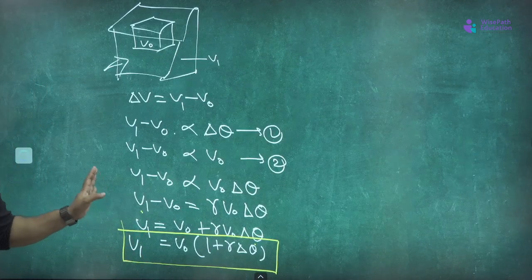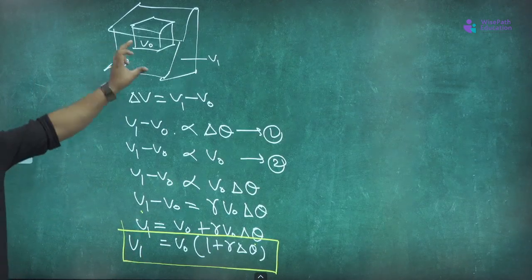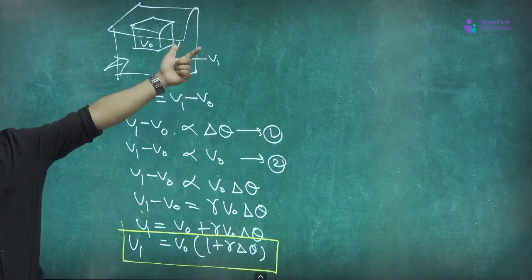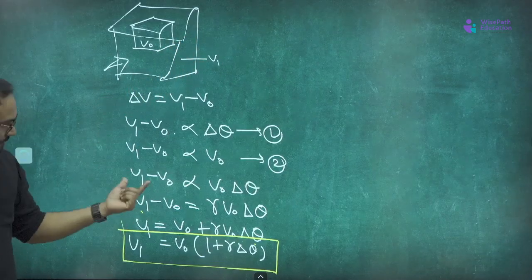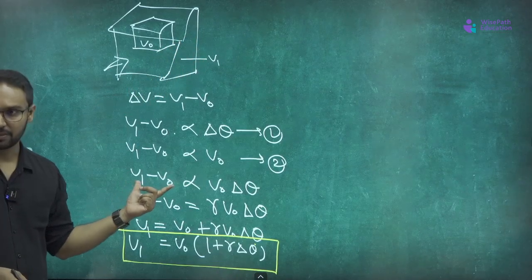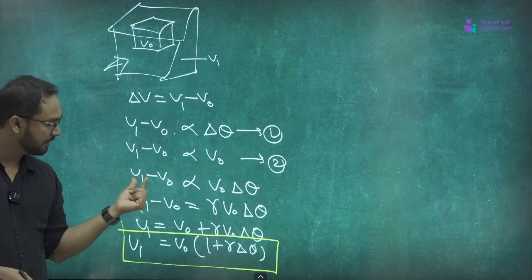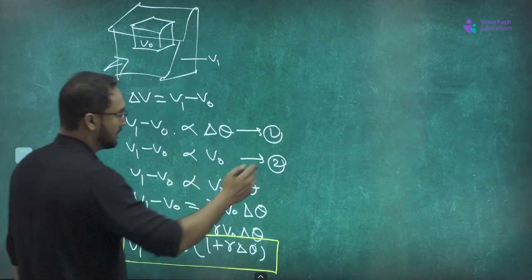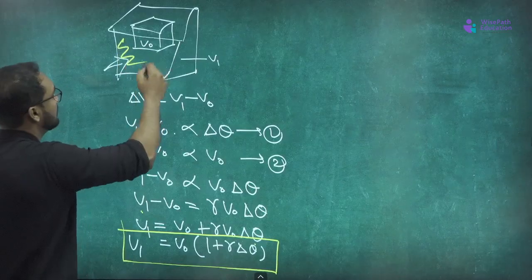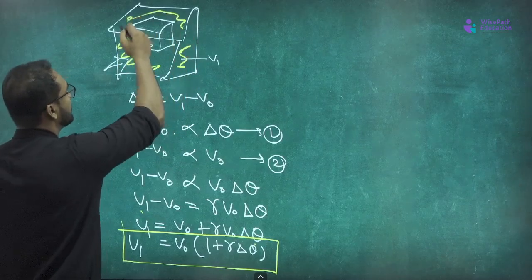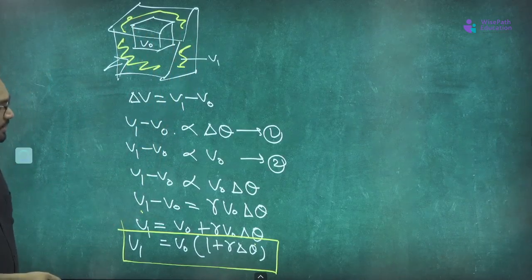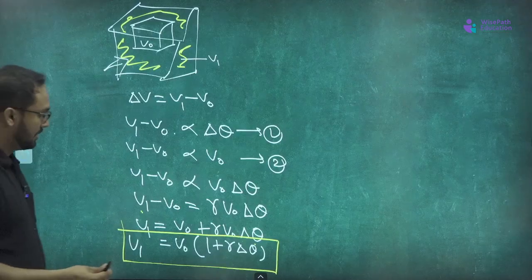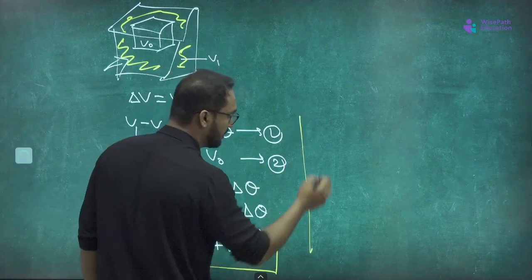And if you want to find the amount of volume that was expanded, the delta V, what do you do? Instead of V1 minus V naught, you apply the delta V, yes. So the delta V is this amount, the expanded extra amount. That will be what?